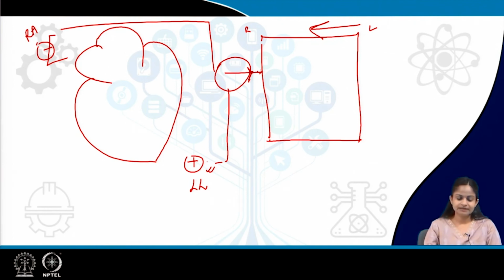So, when the impulse travels, this is the positive electrode, this is the negative electrode. When the impulse is travelling from SA node to AV node, the wave of depolarization is travelling towards the positive terminal.